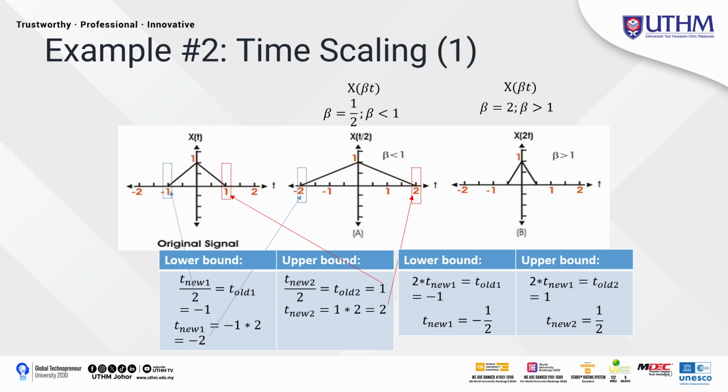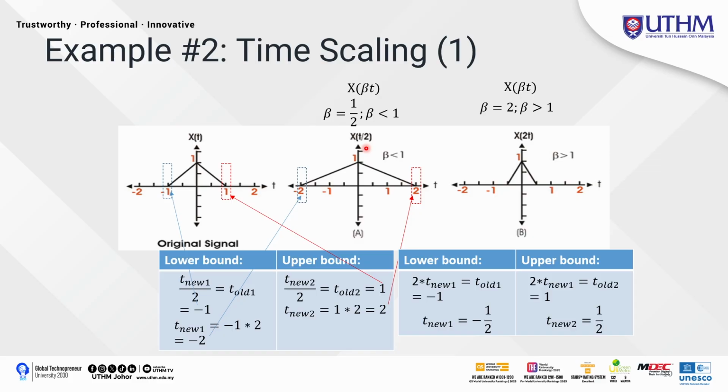Let me show you an example of the time scaling. Given x(t), the signal is from -1 to 1. Now if the question is x(t over 2), this is a time scaling. So we need to find the new lower bound and upper bound.